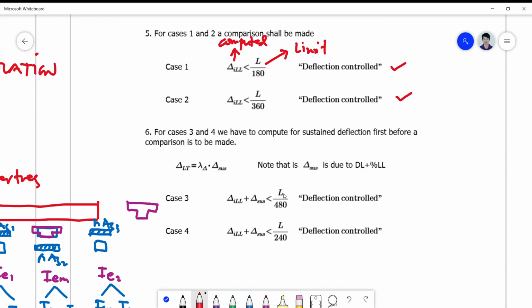Okay, so I think there is something missing here. So this must be lambda delta.